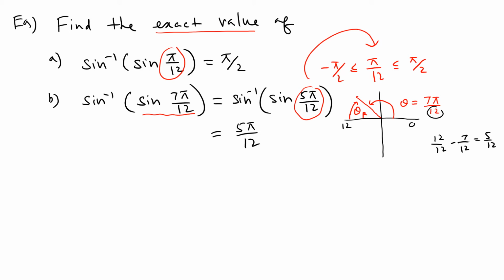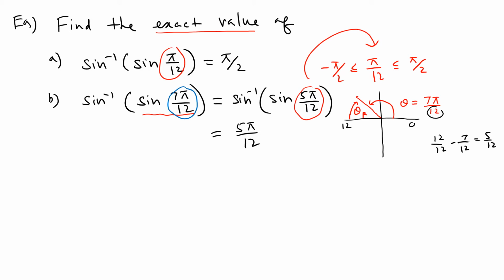Again, what we did: if we get a problem like that, first we check whether this angle is inside the standard domain, negative pi over 2 to pi over 2. If it is not, we use the reference angle method. We try to find the reference angle corresponding to that angle.